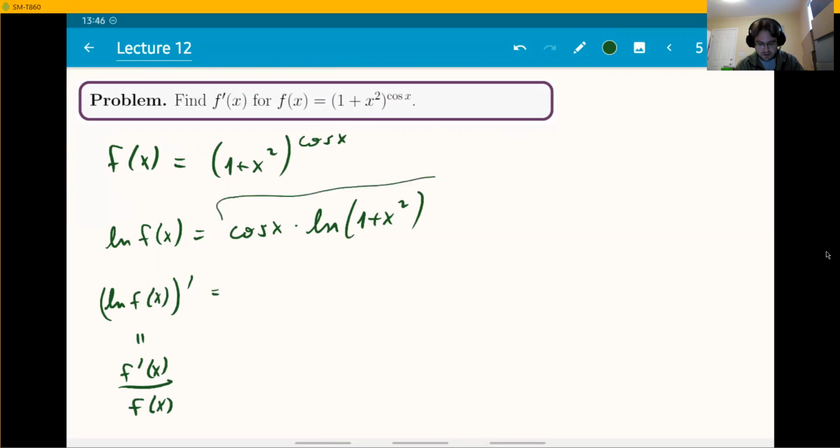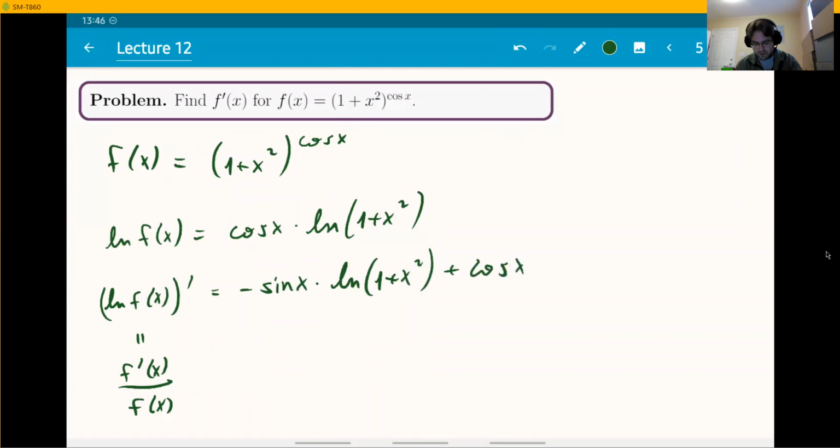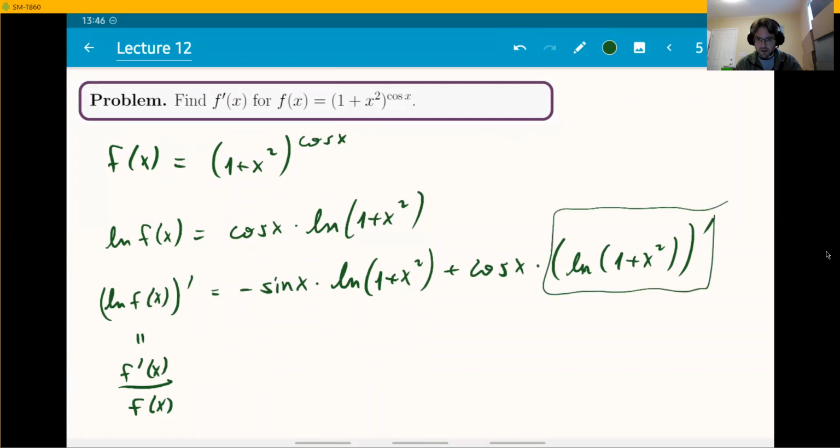How do you differentiate this expression? Well, first of all, it is a product between a cosine and then a more complicated function. So you need a product rule, which I'm going to indicate like this. You see that in the first term, I differentiated just the cosine to get a minus sine. And then in the second term, we're going to need this derivative of ln of 1 plus x squared.